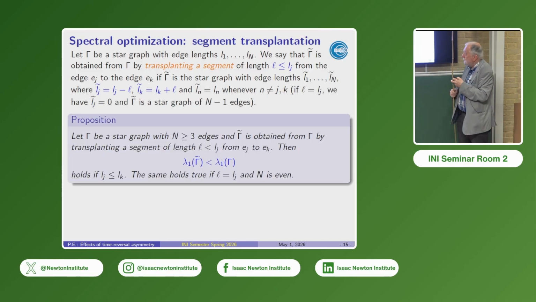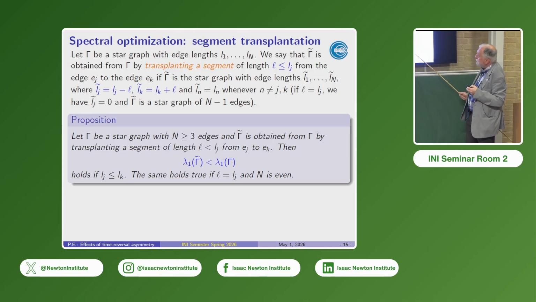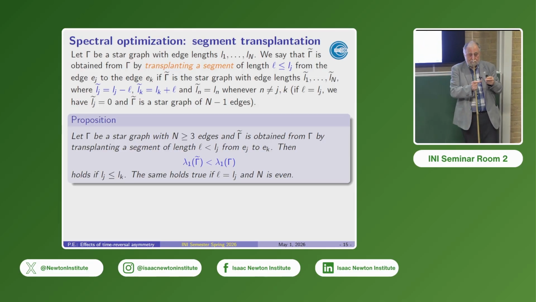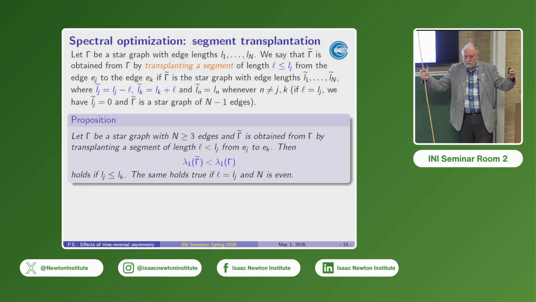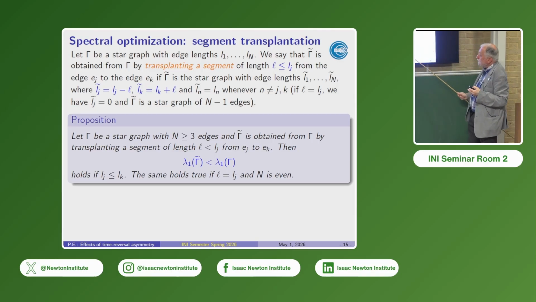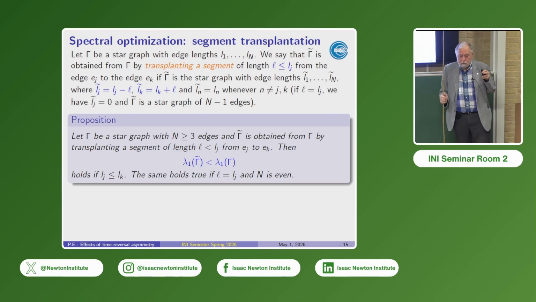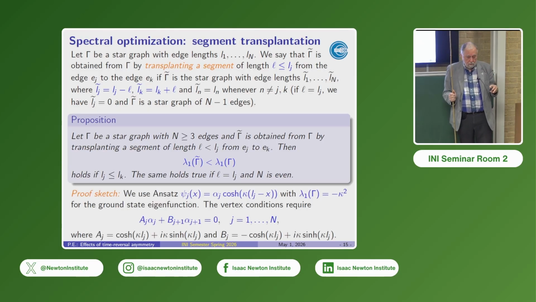Let's look at what it will do to the eigenvalues, especially to the ground state. If I make such a transplantation in a way which increases the disbalance of the graph, the relation between the edges, then the ground state goes down. In order to show that, you just play with the quadratic form.